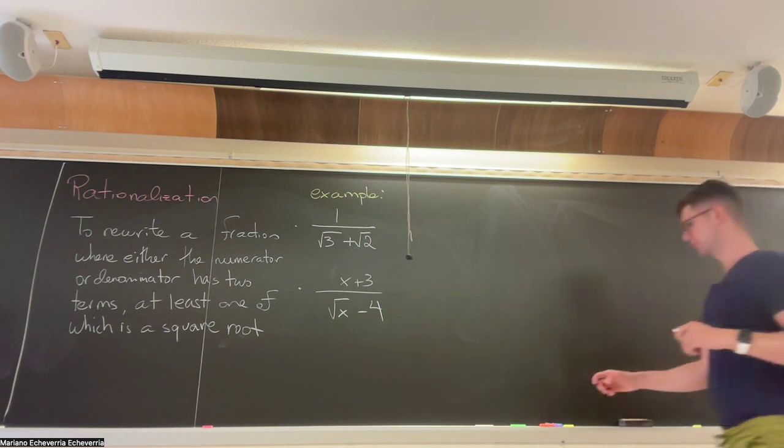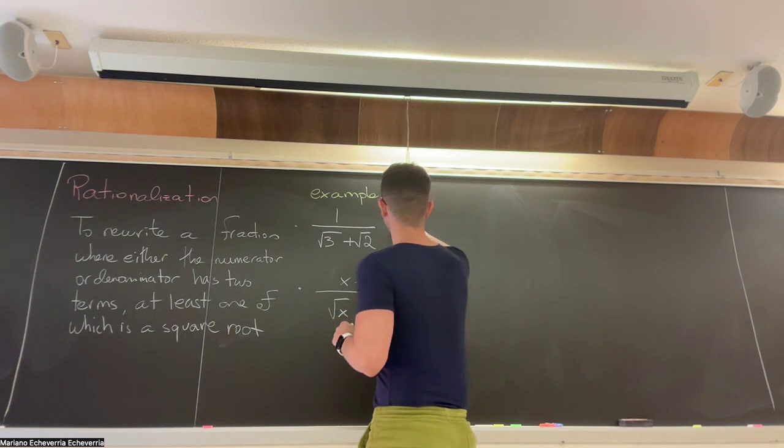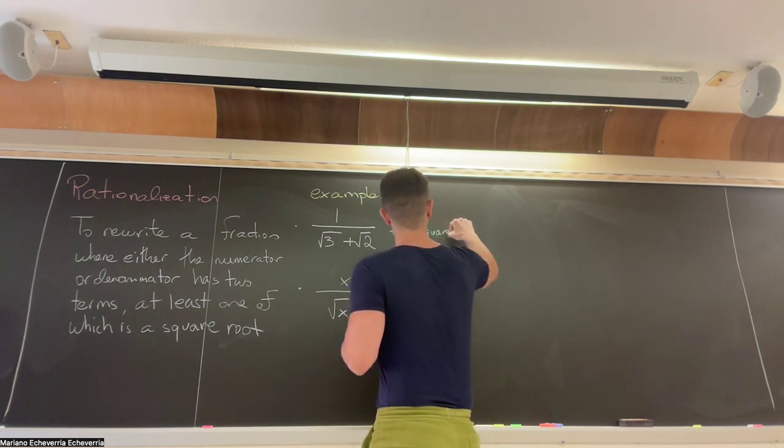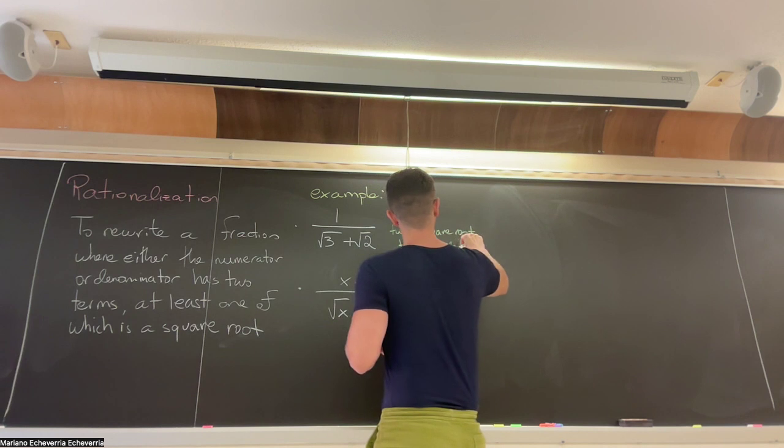So here's an example. This is an example where there are two square root terms in the denominator. Here's an example where there is just one square root term in the denominator.